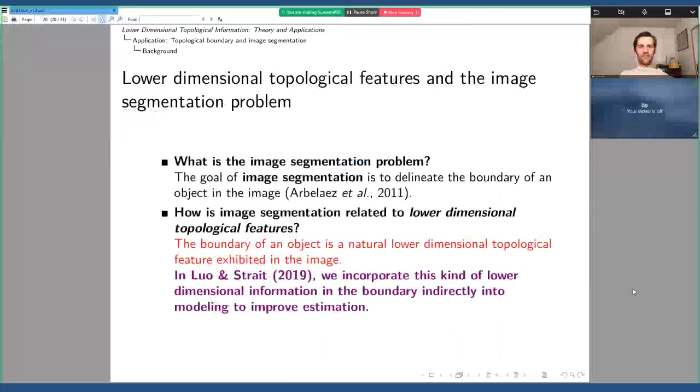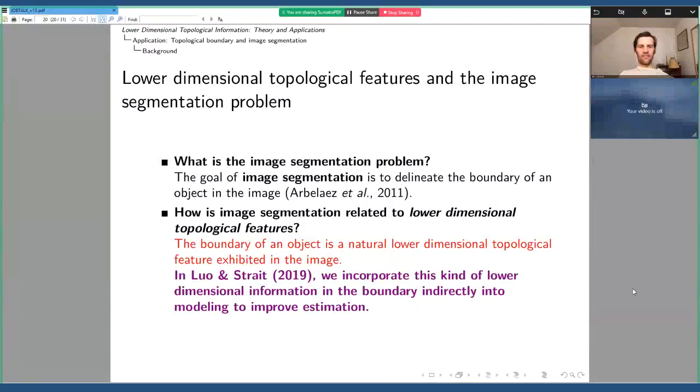Since the object, like the skin lesion in a two-dimensional image, is dimension 2, its boundary naturally occurs as a topological feature of dimension 1. So that is also a lower dimensional topological feature, which is of specific interest in this image segmentation problem.